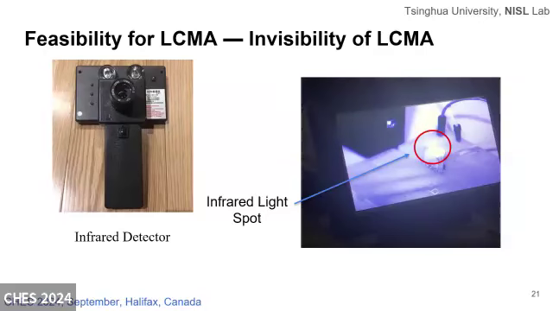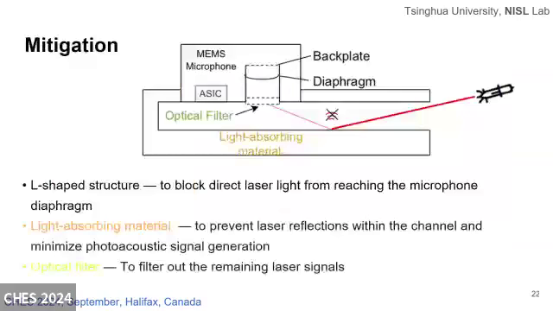While the laser injection attack is typically inaudible, the visibility can compromise covert operations. To address this, we experiment with infrared laser beams.